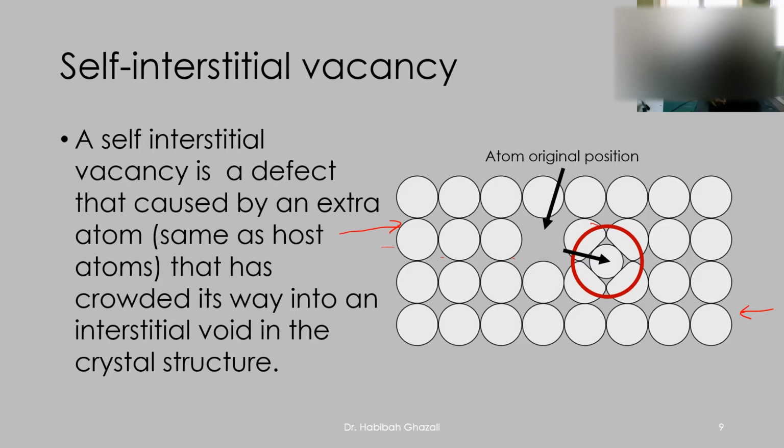But because of this self-interstitial, it will be harder for them to slide over this interstitial atom. So naturally, it will increase the strength of these materials. That's one example of how vacancies or impurities can improve the mechanical properties of the material.